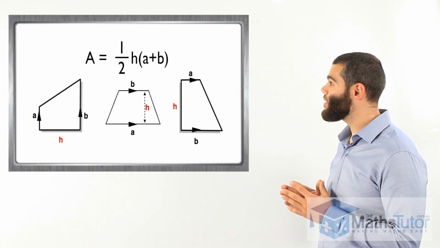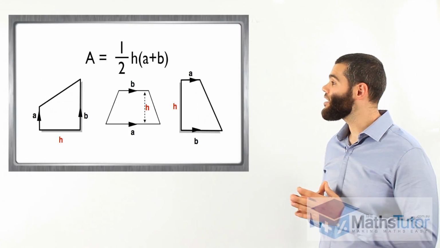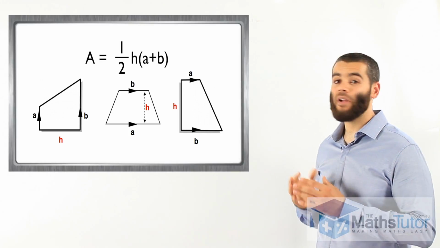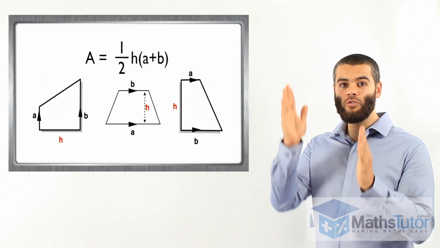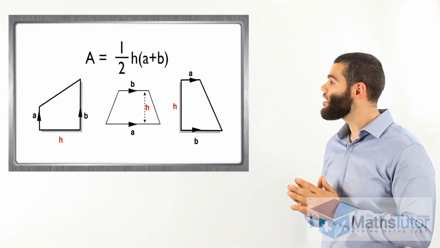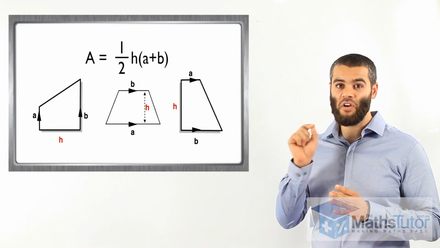So we can see a and b are the parallel lines. We can also see the h marked in red. It is the distance between the two parallel lines, and it is marked with an h. Very important.